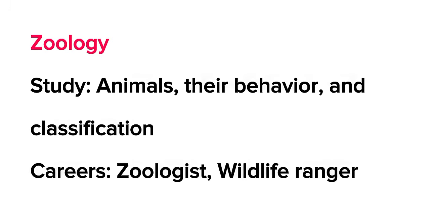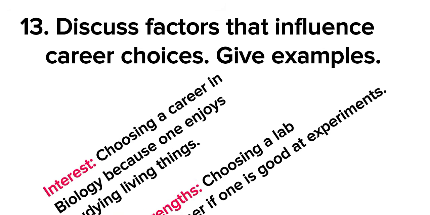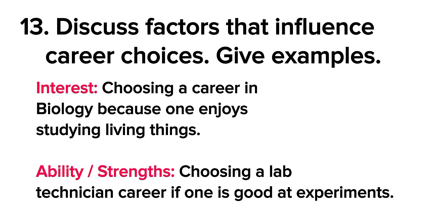Number 13. Discuss factors that influence career choices. Give examples in each. 1. Interests. Choosing a career in biology because one enjoys studying living things. 2. Ability, that is strength.